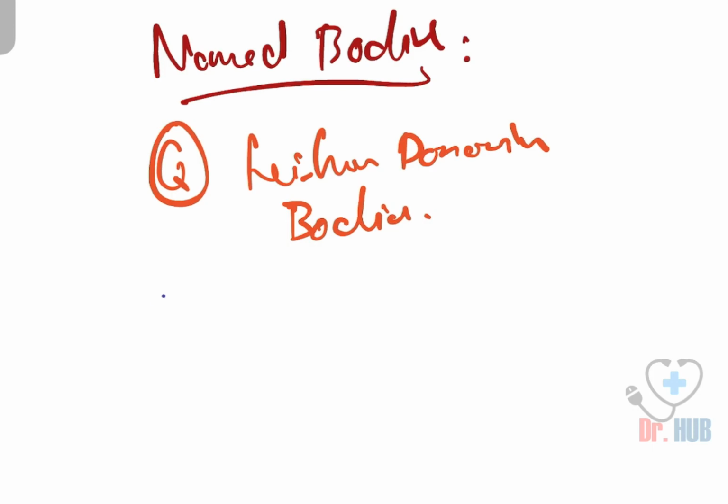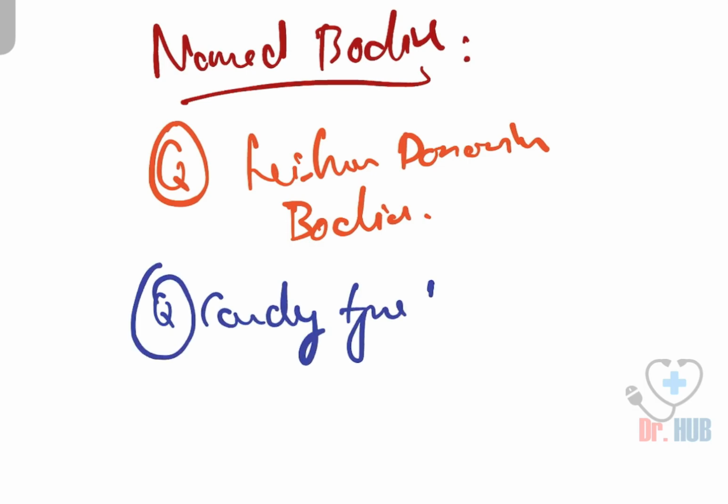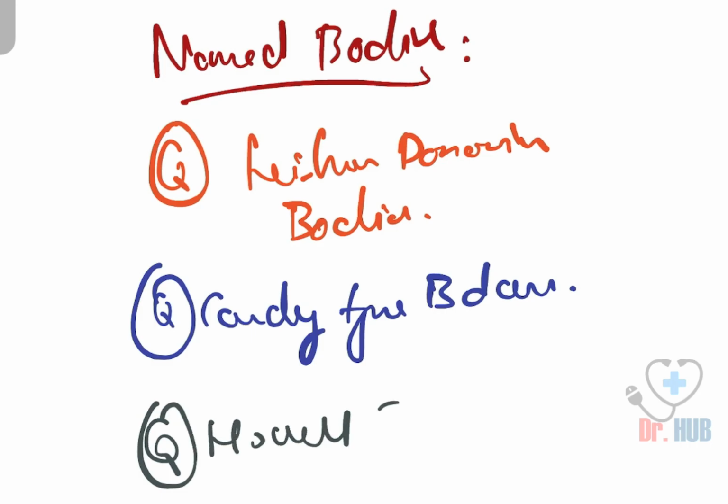Next question, where is the Cowdry type B body seen? Next, where are the Howell-Jolly bodies seen? So we'll find the answers to these questions and learn a lot more.